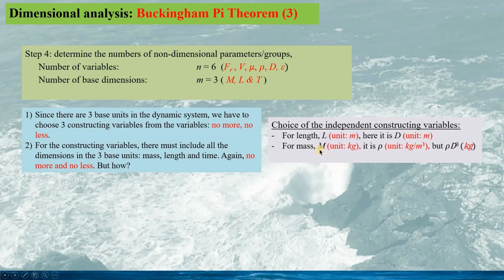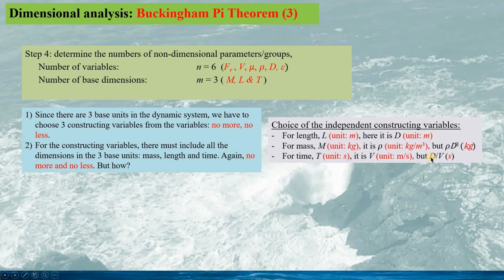But for the mass m, the unit kg, we choose the density rho, unit kg per meters cubed. We can construct the expression rho d cubed, so it has the unit kg. And for time t, unit second, we choose the velocity, unit of meters per second.